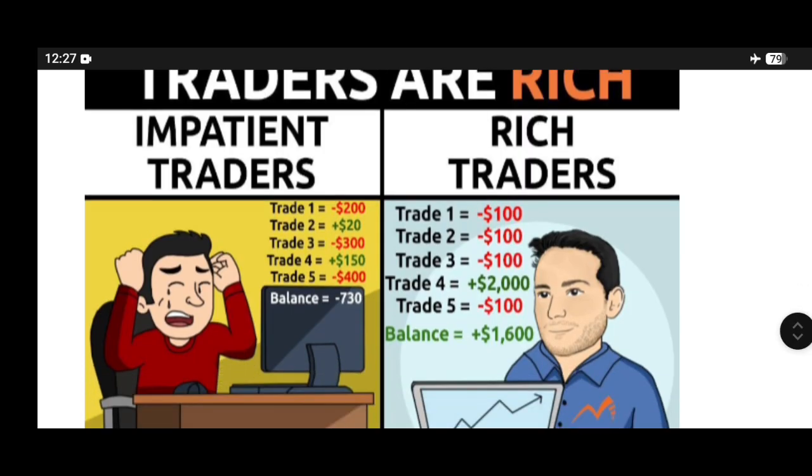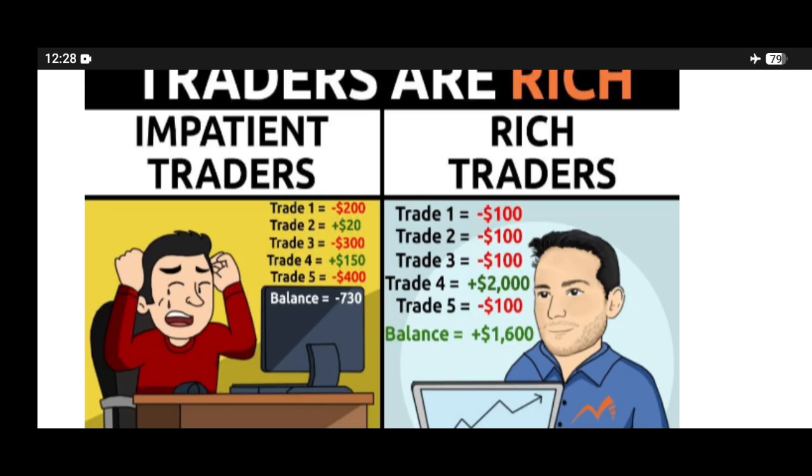The first trader, the impatient trader, took the first trade. He lost $200. I hope you are seeing it well. Then he took the second trade, he makes $20. Then the third trade, he loses $300. Then the fourth trade, he makes $150.